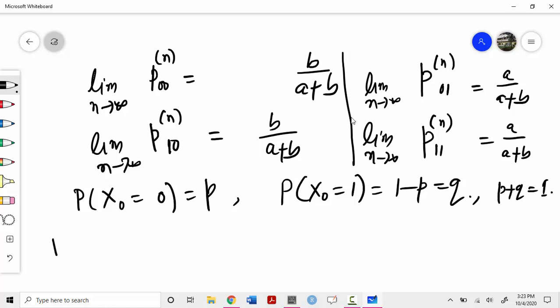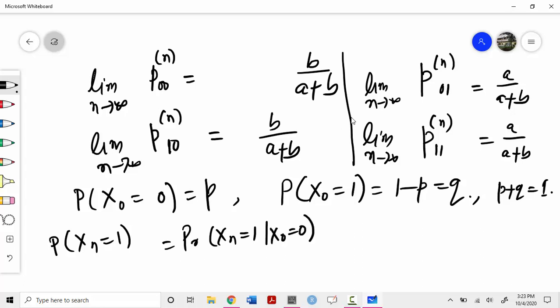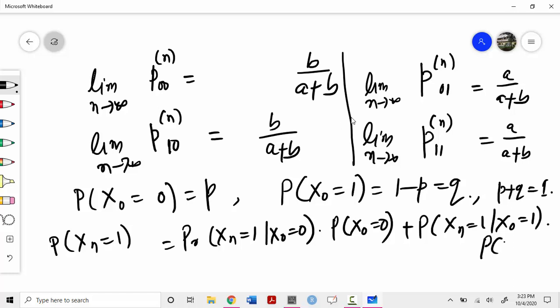Then the probability that Xn equal to 1 will be probability Xn equal to 1 given X0 equal to 0 into probability X0 equal to 0 plus probability Xn equal to 1 given X0 equal to 1 into probability X0 equal to 1.